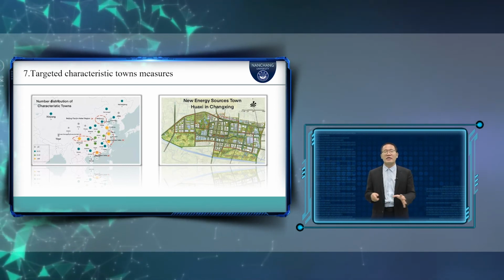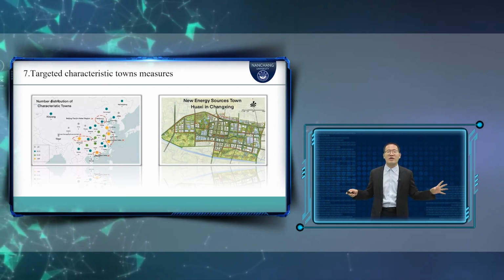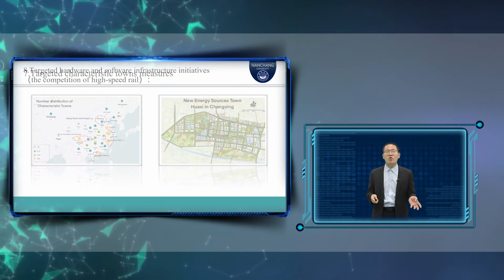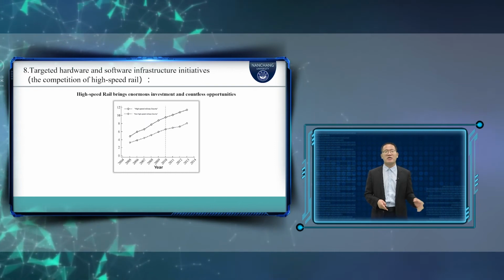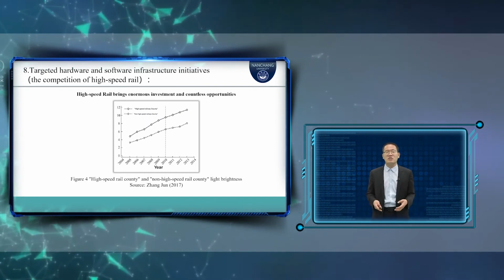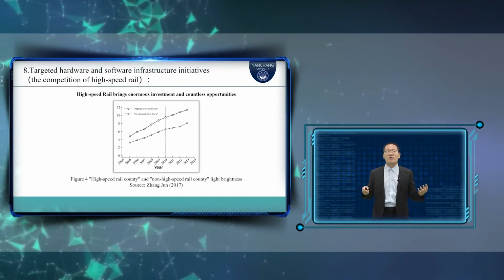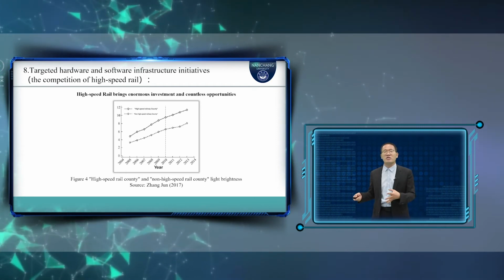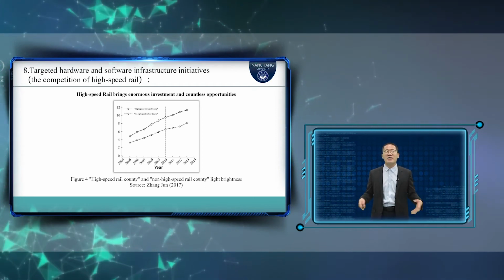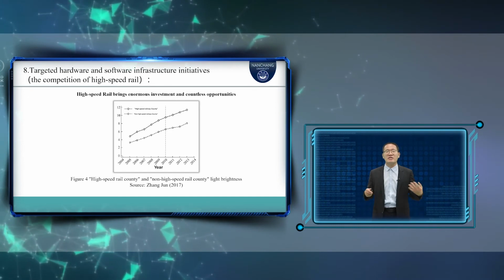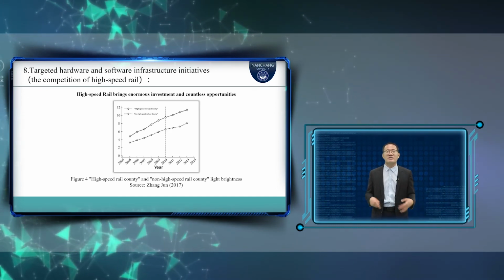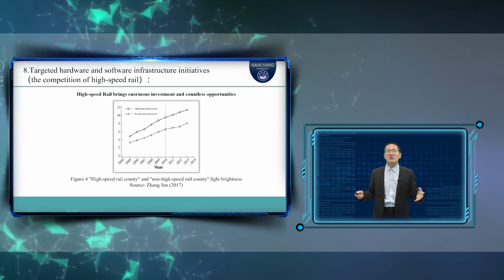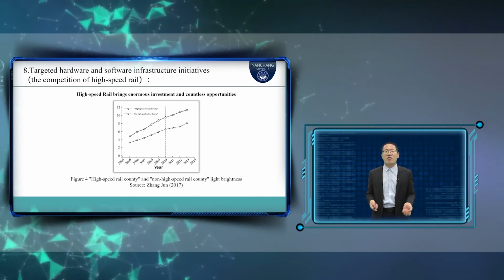Targeted hardware and software infrastructure initiatives. According to the basic point of view of new structural economics, economic development is not a static, optimal allocation of resources, but a process of structural change in which technological innovation, industrial upgrading, and hard infrastructure and soft institutional environment are constantly improved.